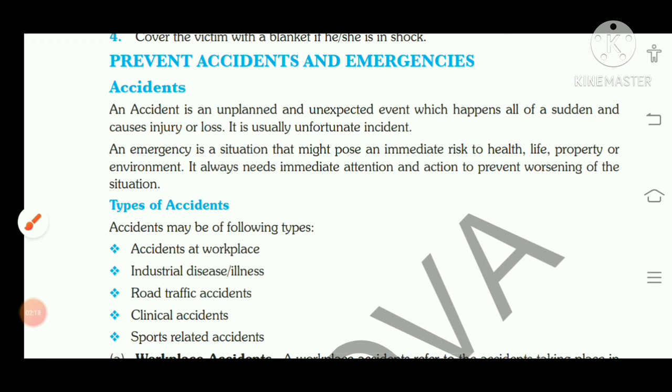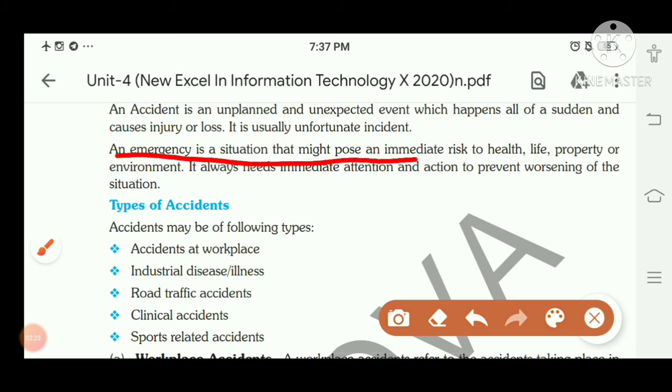And what is an emergency? An emergency is a situation that might pose an immediate risk to health, life, property and environment. That means we require immediate attention there.